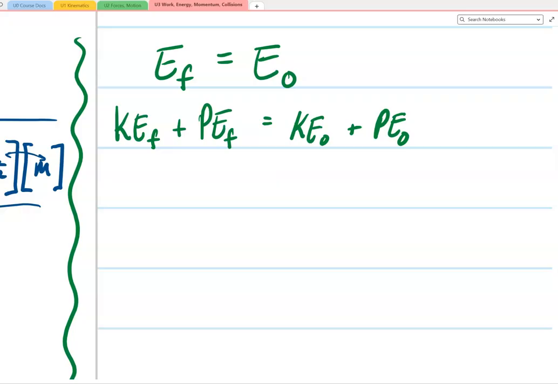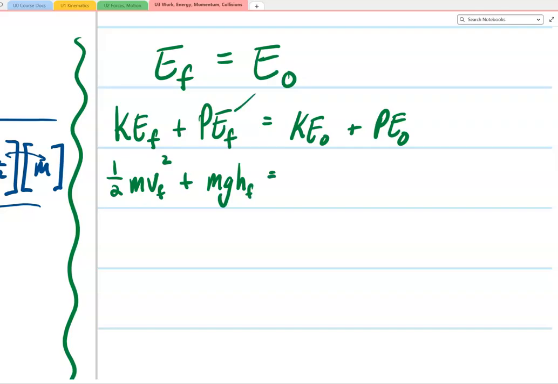Now, kinetic energy we've described as 1/2 of the rider's mass times their velocity squared. And since we're talking about final kinetic energy, we'll use v_f squared. The potential energy is mass times gravity times height, so the height at the final position.